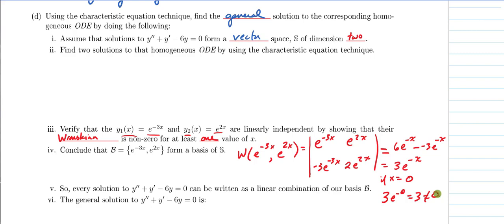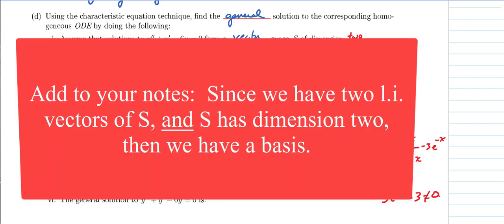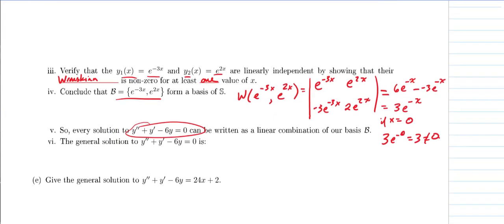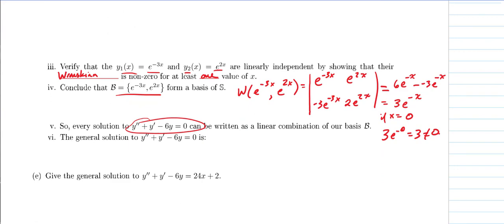Now, once we have two linearly independent solutions, we can conclude that because the dimension of the vector space was 2, these two linearly independent solutions form a basis of our solution space. What that means then is that every solution to the corresponding homogeneous differential equation can be written as a linear combination of our basis solutions, our basis vectors.